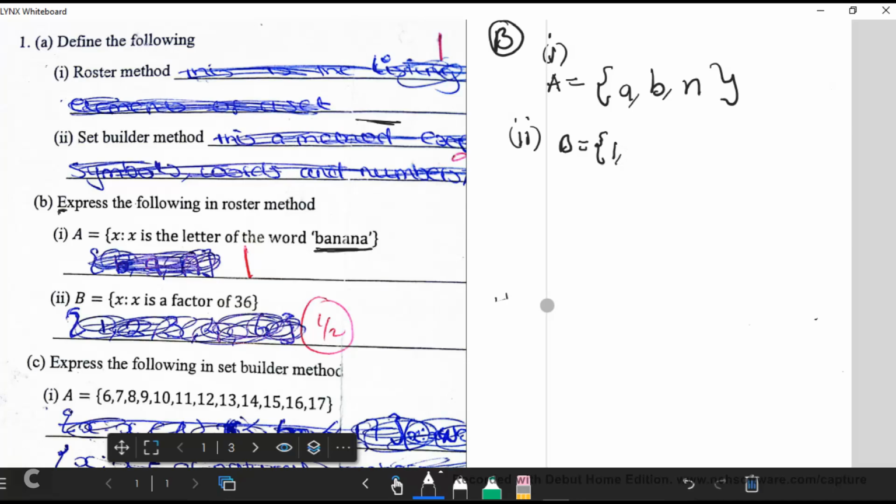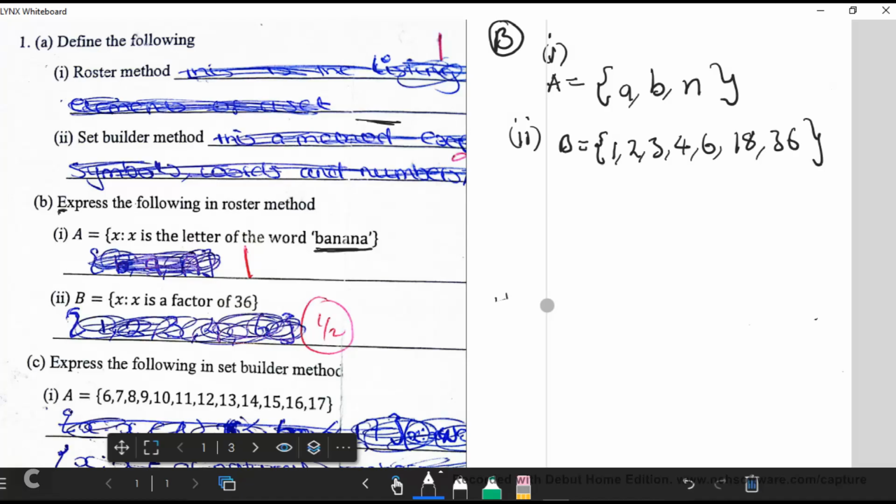We have 1, 2, 3, then 4, 6, and also 9, 12, 18 and 36, like this. So these are the factors of 36, right?